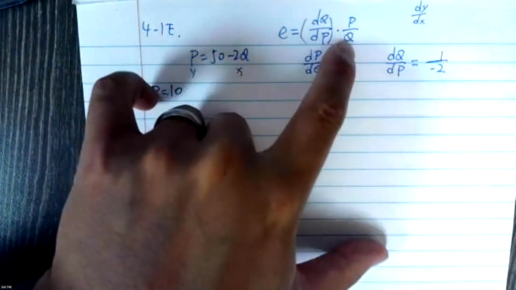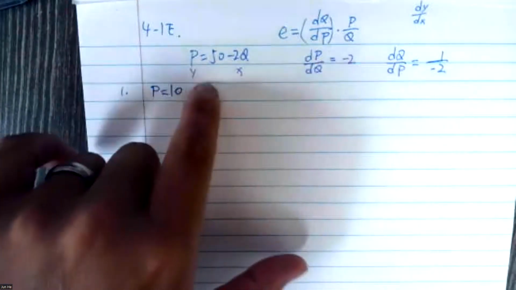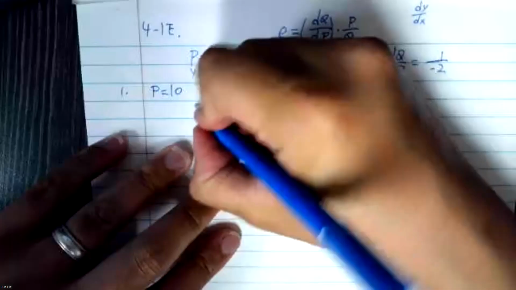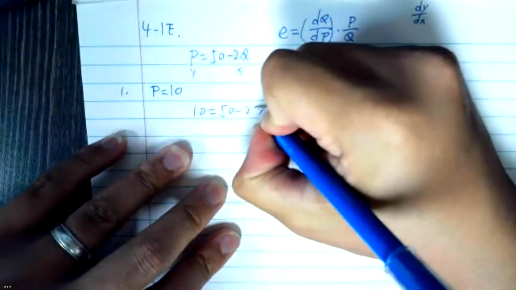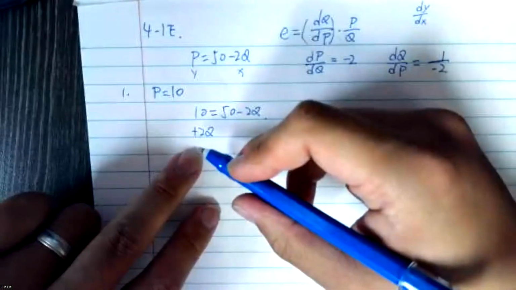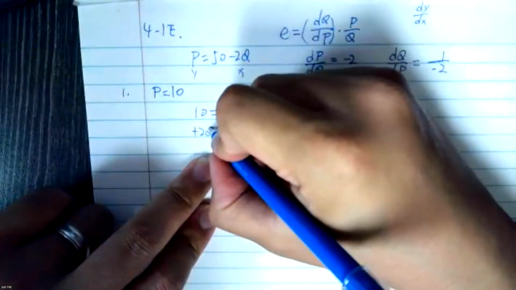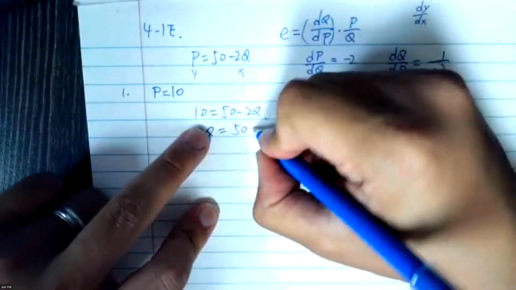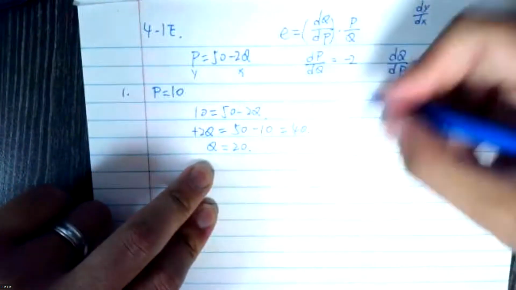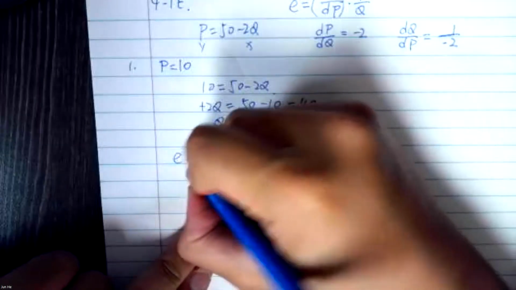Okay, then we know P. The last thing is we should know Q. So just plug P into this equation to solve for Q. So 10 equals 50 minus 2Q. Minus 2Q, moved to the left-hand side, is positive 2Q, equals 50 minus 10, which is 40. So Q equals 20. Then we just plug everything into the equation.